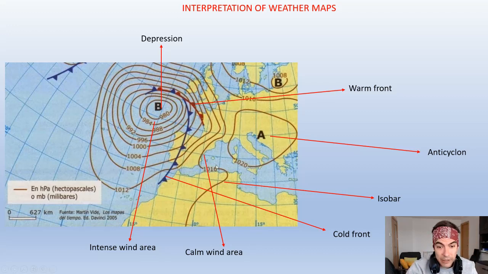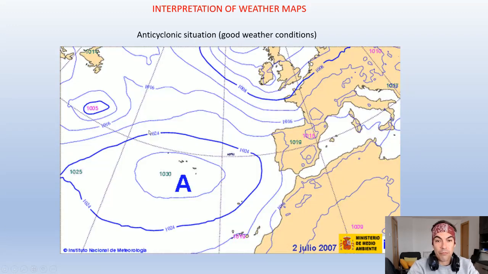But here in this area, since the isobars are very far away from each other, the winds should be more calm, okay? That's what I'm pointing at here. This is a calm wind area and this is an intense wind area because the isobars are very close to each other.